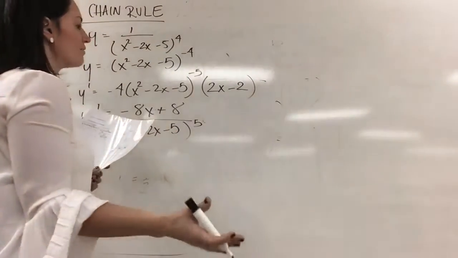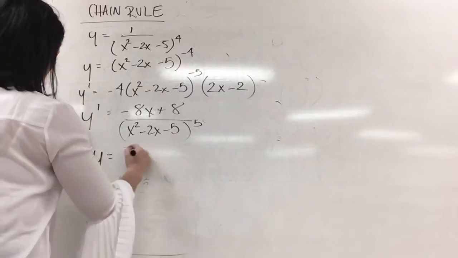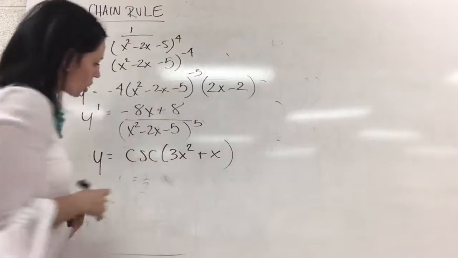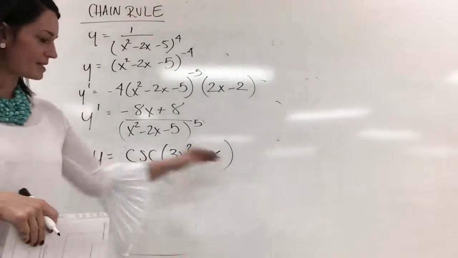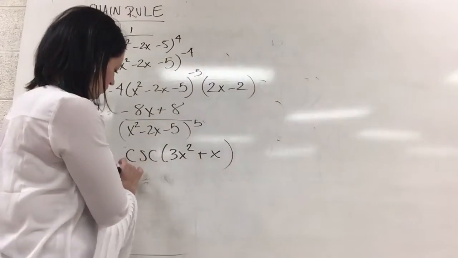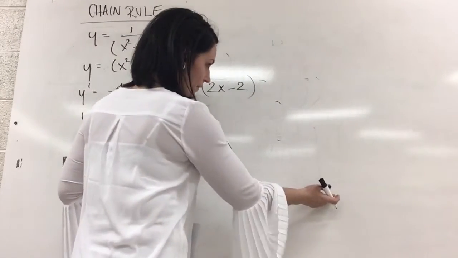And then the last thing I find people really struggle with to know to use chain rule is when we have trig derivatives involved here. So cosecant 3x squared plus x. So when you're doing something like this, it is just using chain rule. So we find the derivative of the outside, we keep the bracket the same, and then we multiply by the derivative of the bracket.